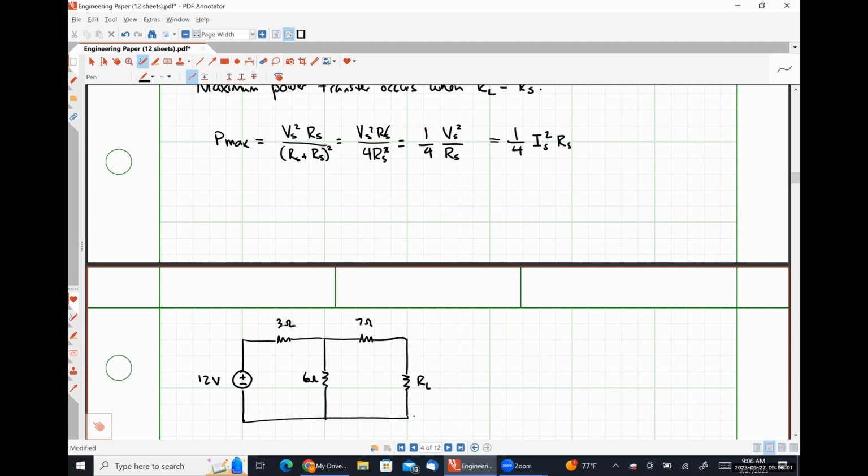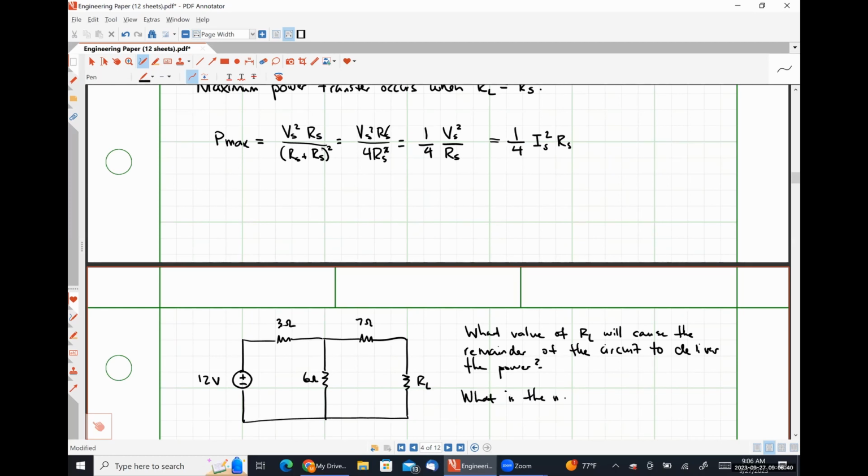And I want to know what value of RL will cause the remainder of the circuit to deliver the most power, and what is the maximum power that can be absorbed by the resistance RL.